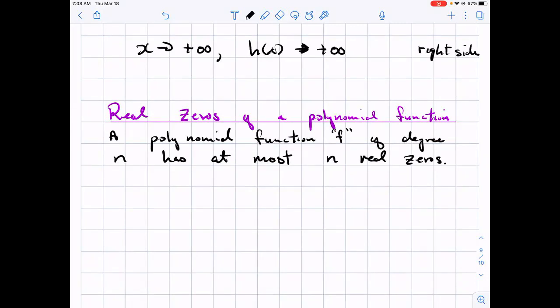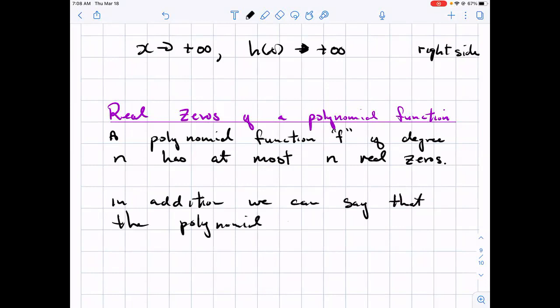We can also say, in addition, that the polynomial function f has at most n minus 1 turning points.